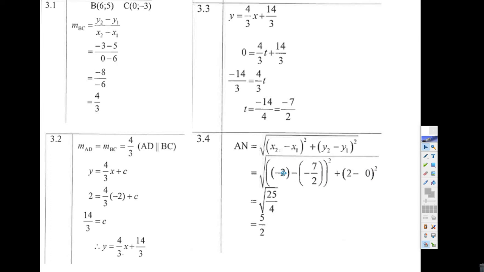And you actually go minus 2 plus 7 over 2. You square it, added to 2 squared, which is 4. Your calculator will tell you it's 25 over 4. Take the square root of 25 over 4. Root 25 is 5, root 4 is 2. The answer is 5 over 2 for the distance AN.